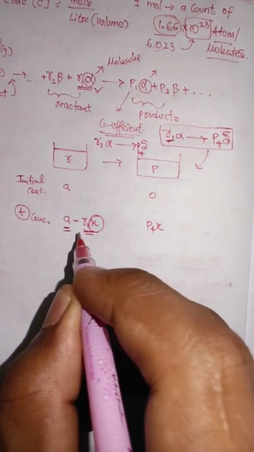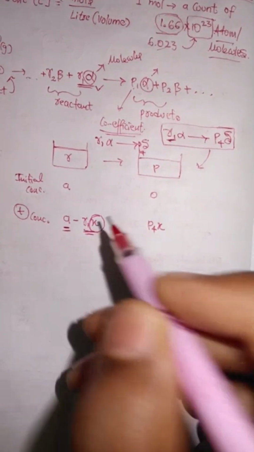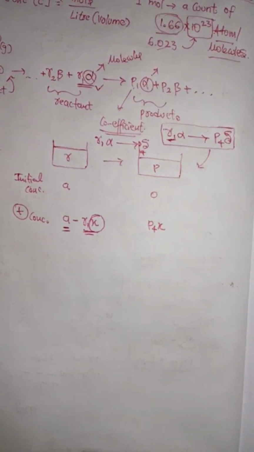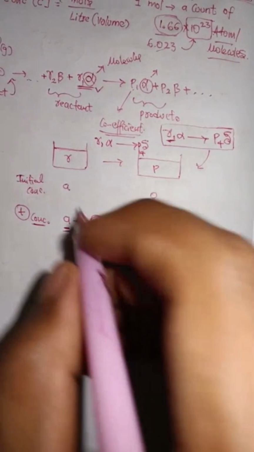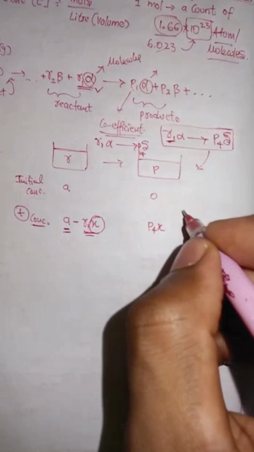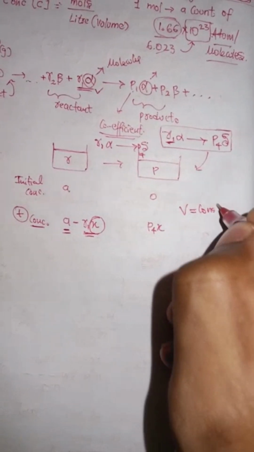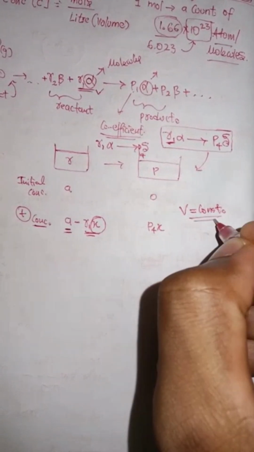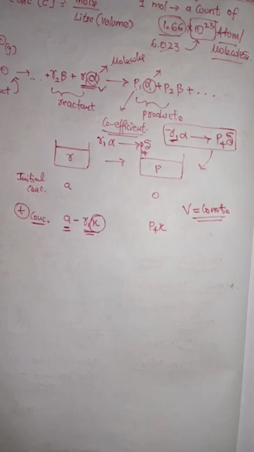In that regard, we find that R1 into x moles is actually taken out. And as we consider concentration, there is a hidden factor in it, as this is considered at constant volume. This is not generally explicitly explained, but here the volume is considered constant in order to measure moles.